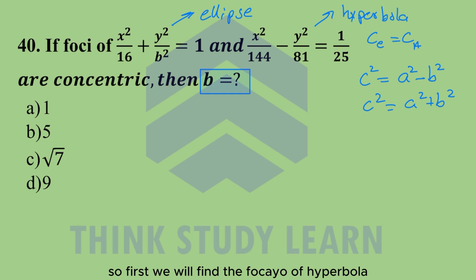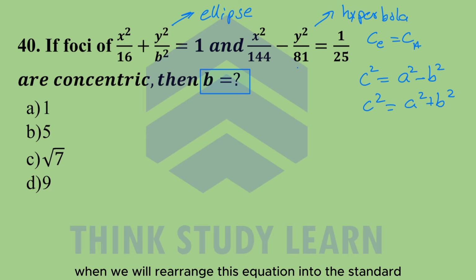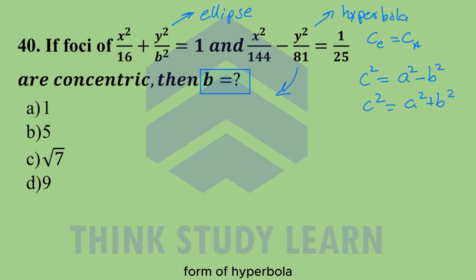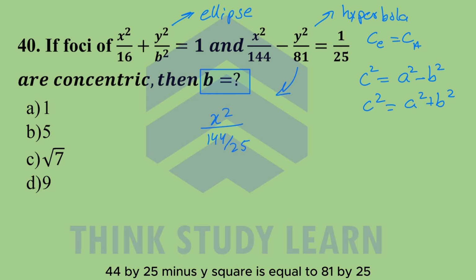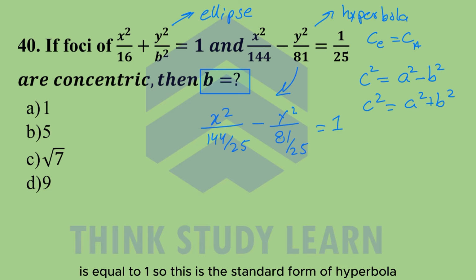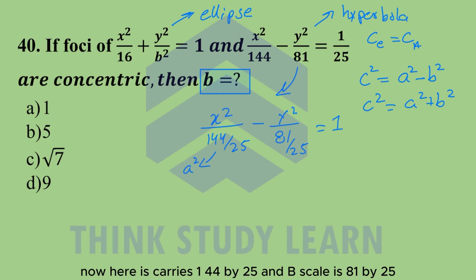So first we will find the foci of the hyperbola. When we rearrange this equation into the standard form of a hyperbola, this will become x square over 144 by 25 minus y square over 81 by 25 is equal to 1. So this is the standard form of a hyperbola. Now here a square is 144 by 25 and b square is 81 by 25.